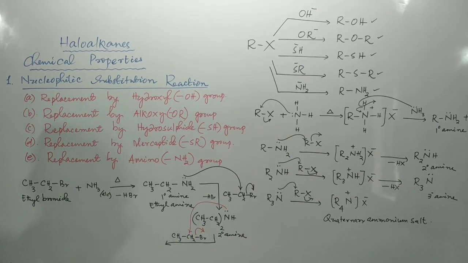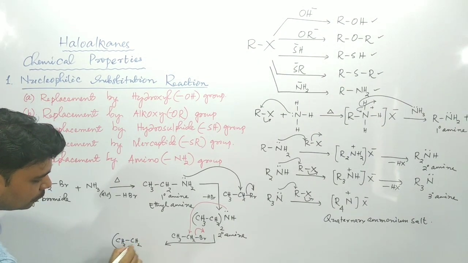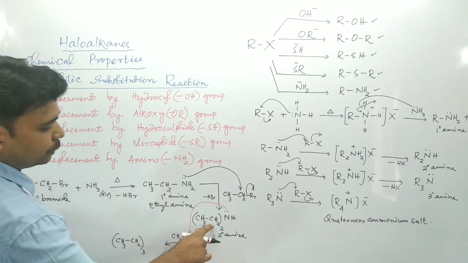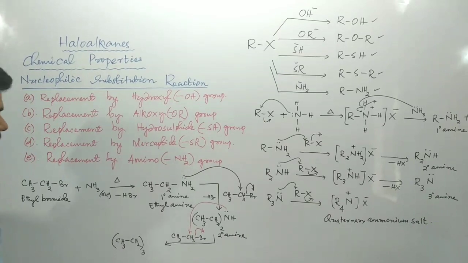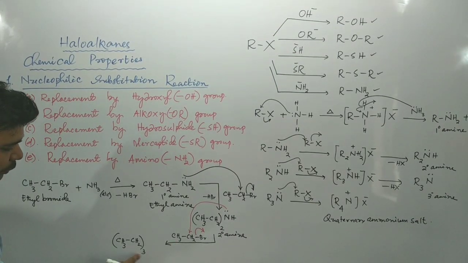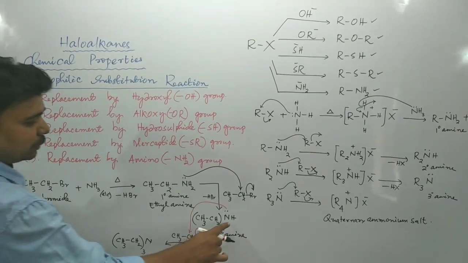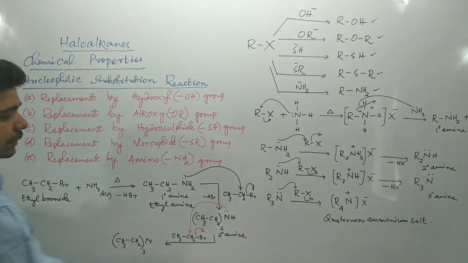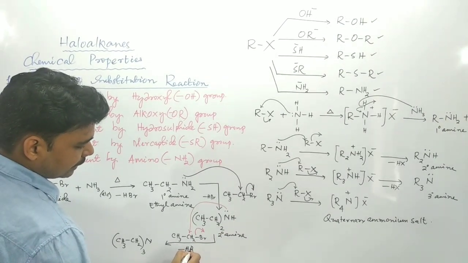So totally we will get (CH3CH2)3N, triethyl. Two ethyl groups were already present with the amine, and this is the new ethyl group. So overall three ethyl groups are there, and they are all attached to nitrogen, and hydrogen and this Br will be released as HBr.